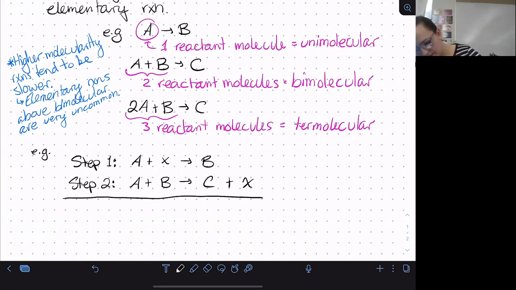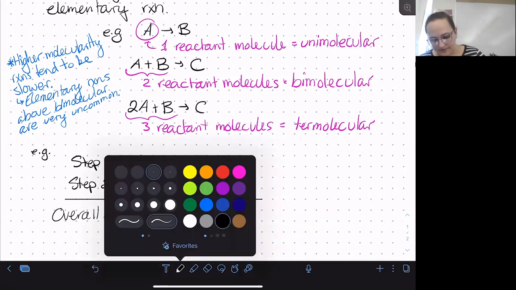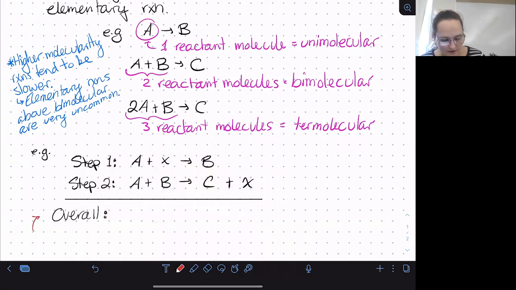One thing you need to be able to do is identify the overall reaction from a mechanism. So all we're doing to get our overall reaction here is adding up our steps. And we always, as usual, want to cancel things that appear on both sides.